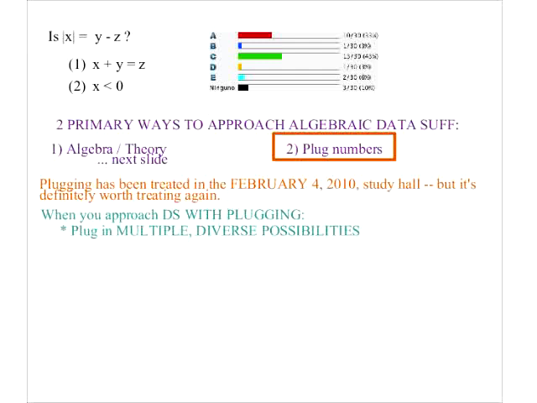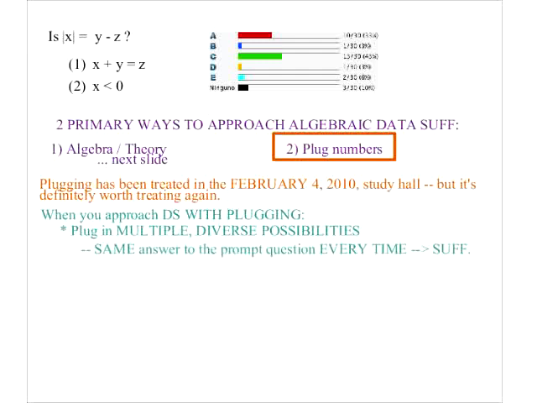Sufficient means that you plug in a whole ton of possibilities, and you get the same answer every single time. So if you get the same answer to the prompt question every time, then you put sufficient.